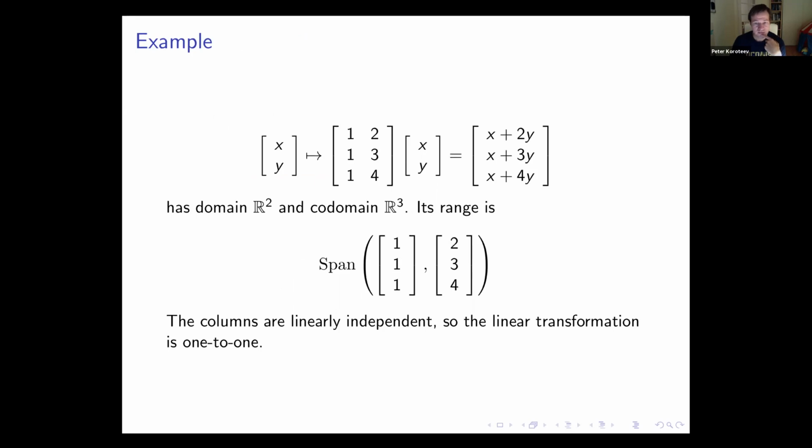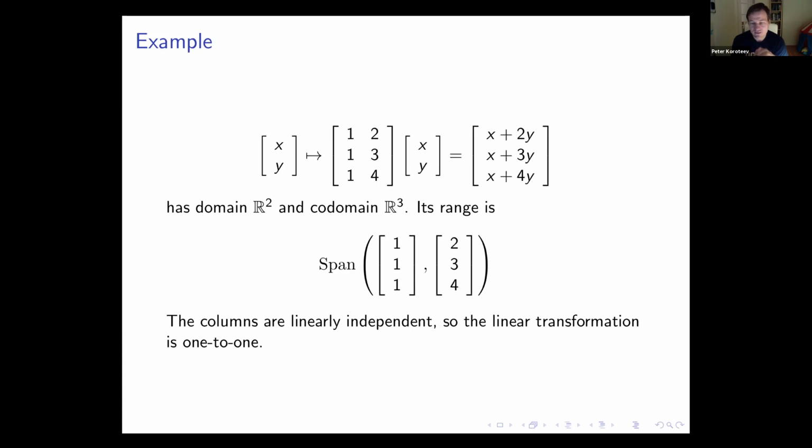And its range is the span of the column vectors of the matrix. So it will give you a two-dimensional subspace in three-dimensional space. We already talked about that.